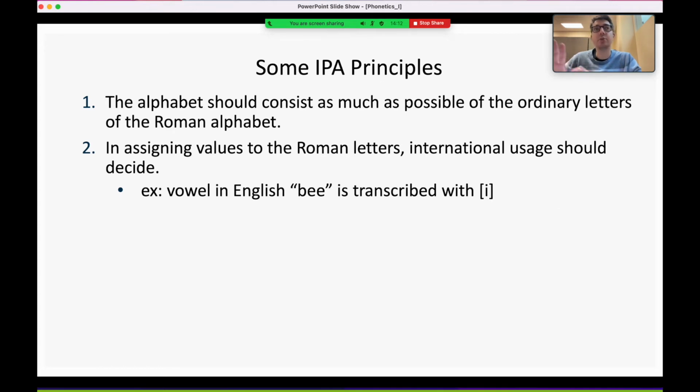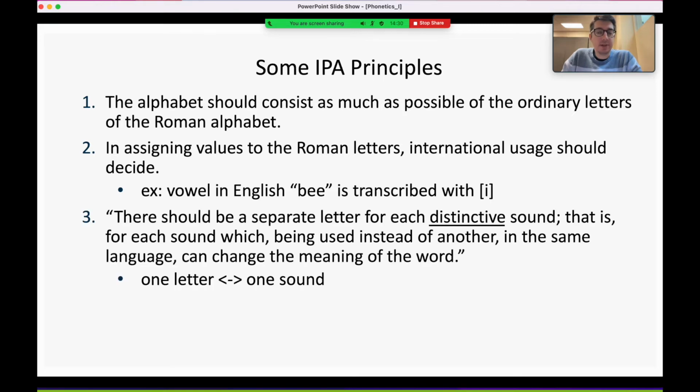So basically we are using Roman letters for this alphabet, and all the letters should be based on Roman letters. The more familiar we are with Roman letters, the better, because of the tradition, right? The IPA was founded by people who use the Roman alphabet. And Roman here means the English alphabet, so don't be afraid of the name.